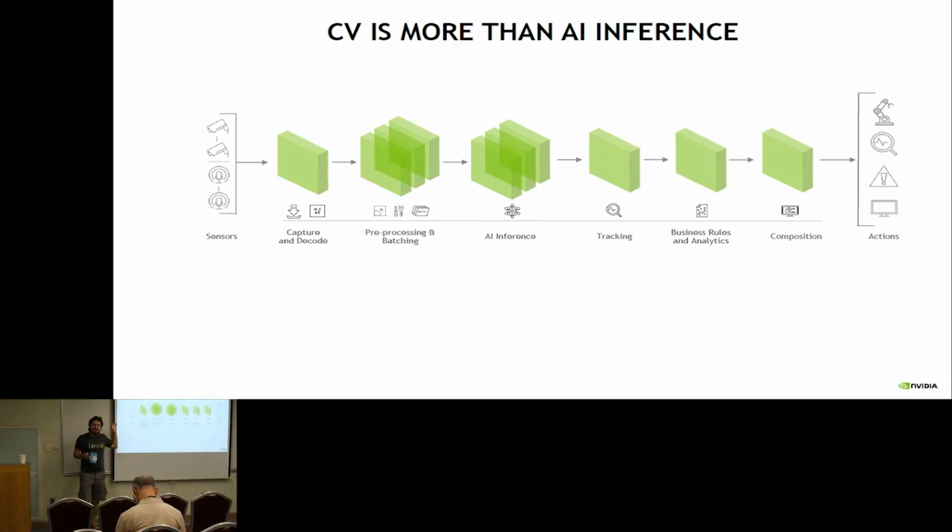Having to work with video, there are many operations you do in a pipeline. You get the video through the network, you decode it with the codec, and then you pre-process it and batch it, and only then do you infer your neural network.